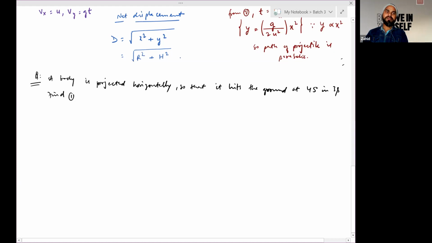Find first velocity of projection, second height, third range, fourth final velocity, and fifth net displacement. Try to find using the above formulas.